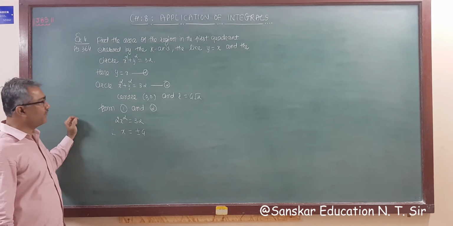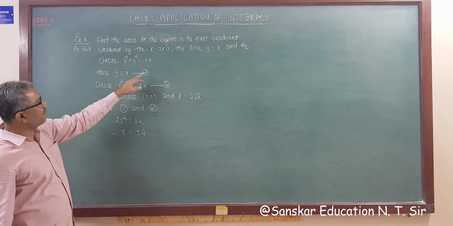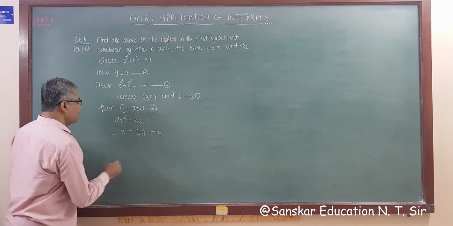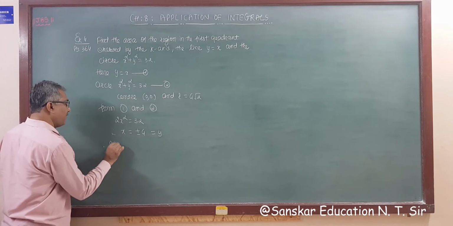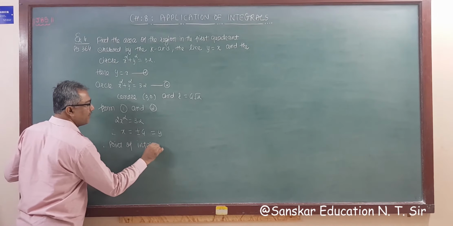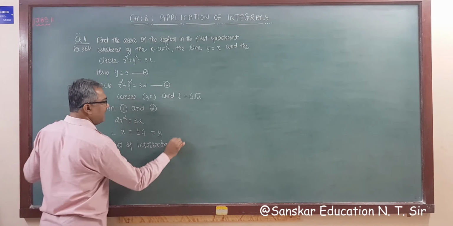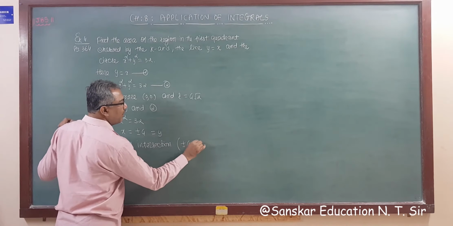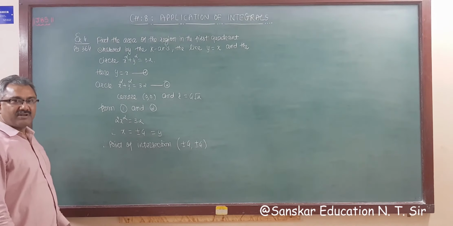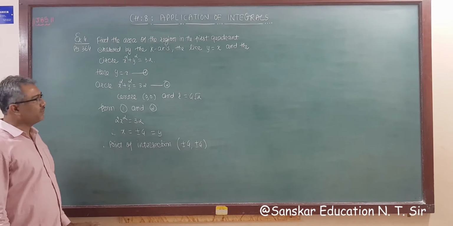From 1, it is x is equal to y, so y is the same. So the point of intersection is plus or minus 4 comma plus or minus 4.